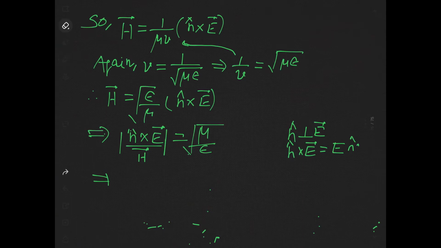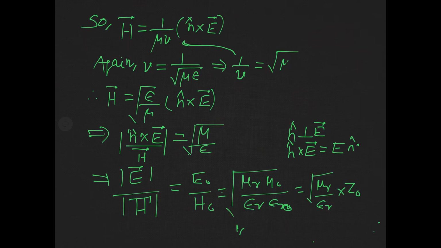So this will be 1 into E into sine 90, and so this will be simply equal to the modulus of the vector E. So you are seeing here that mod of n hat cross E by H is equal to root over mu by epsilon.